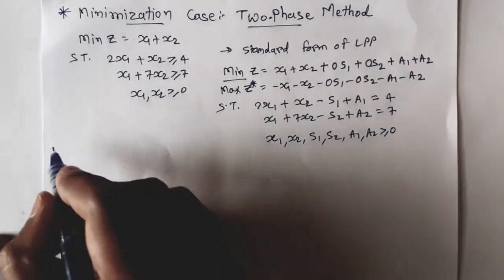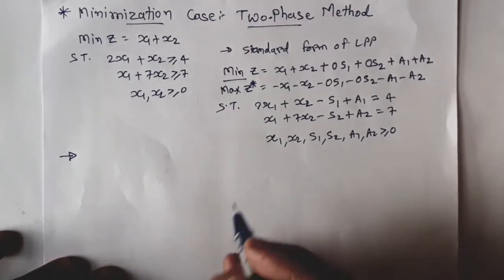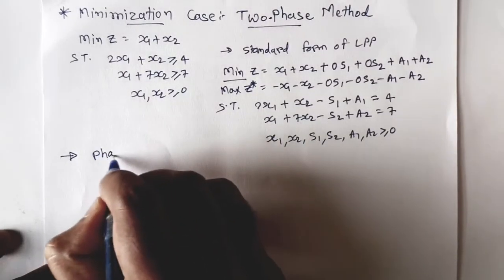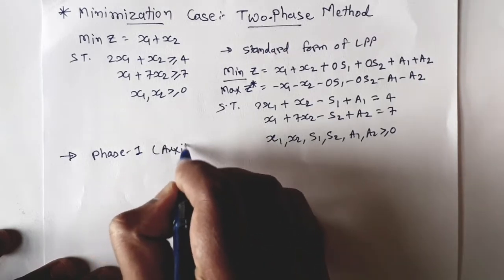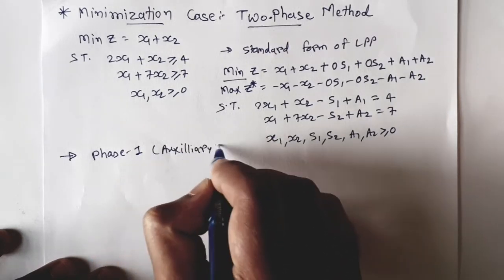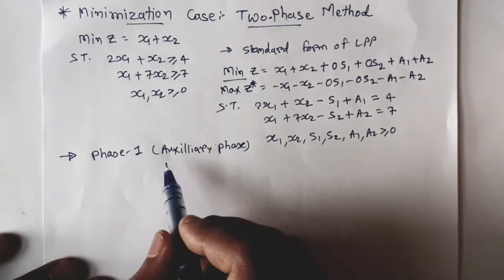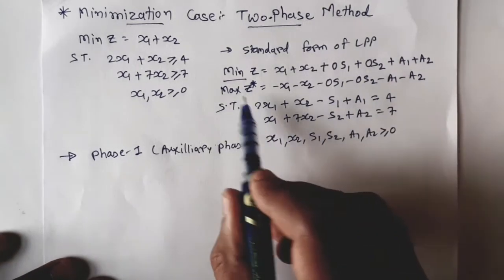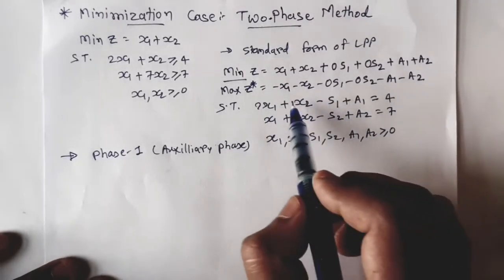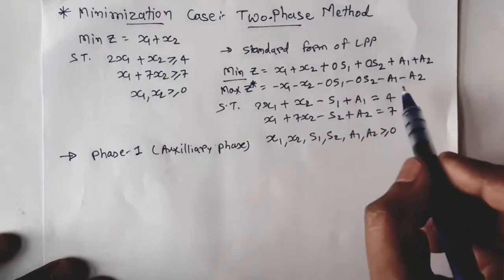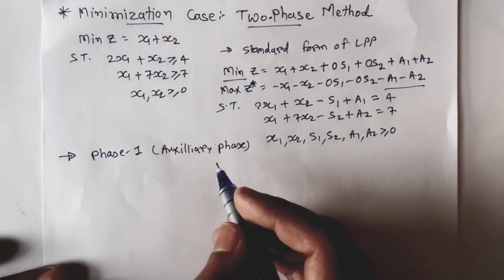Now we will move on to the solution. Before that, we must consider phase 1, which is also called the auxiliary phase. In phase 1, we convert the objective function into a form where only the artificial variables are present and all other variables have 0 coefficients.